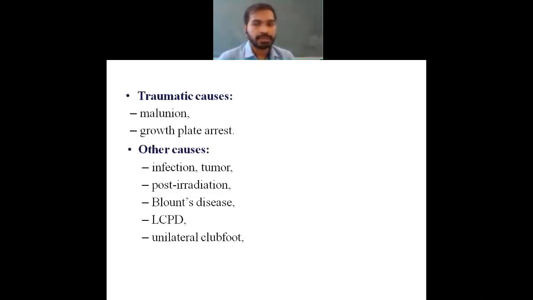So other causes: infection, tumor, that is post irradiation, then Blount disease, LCPD. LCPD means Legg-Calvé-Perthes disease. Perthes disease we will discuss in detail, like pathology. Blount disease I already told you. What is Blount disease? Just give me one idea.